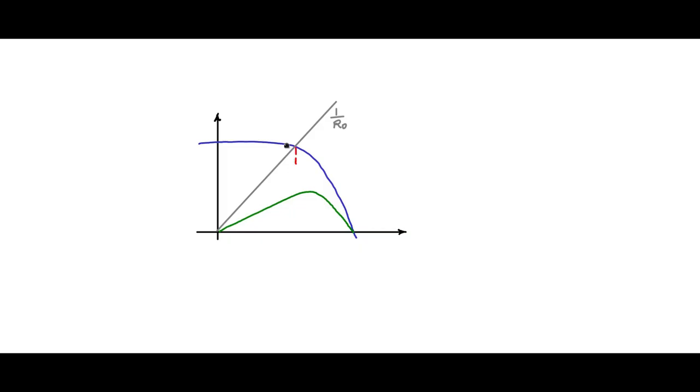If I draw a vertical from that point, you will see that all these are the reachable operating points. You can have load lines of different slopes going towards infinite slope, and the power points that can be reached are these power points.